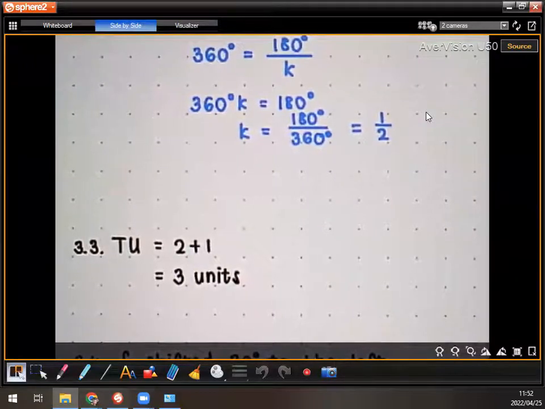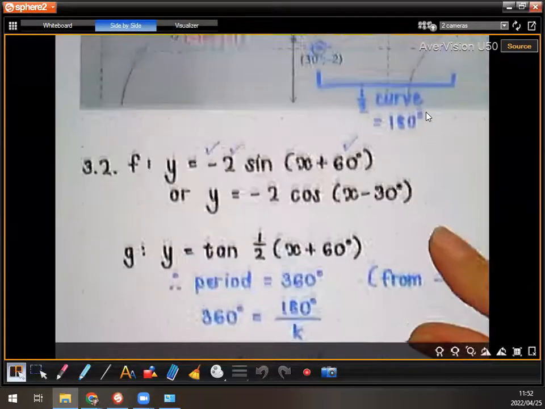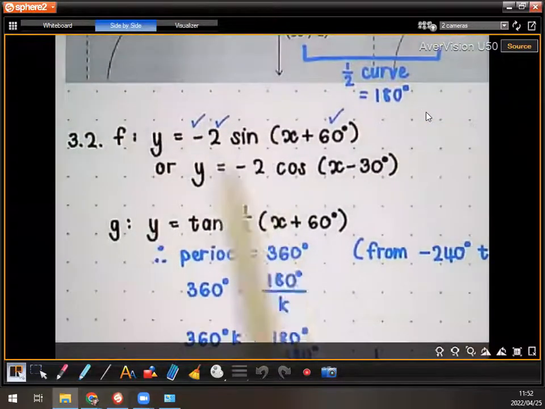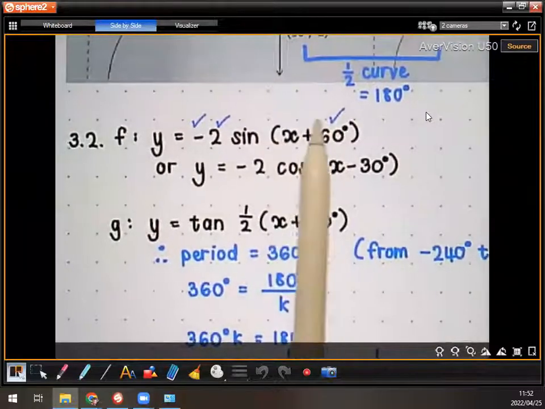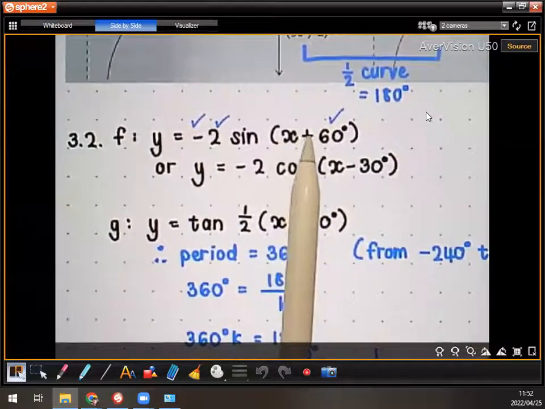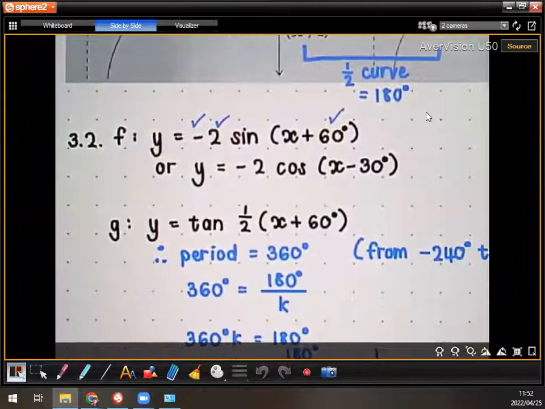Then for 3.4, the last question that you had to do, they said that f is now shifted 30 degrees to the left. What is the new equation? Now, I have 2 equations here for f, so we're going to do it for both of them. 30 degrees to the left. To the left is in the negative direction, right?